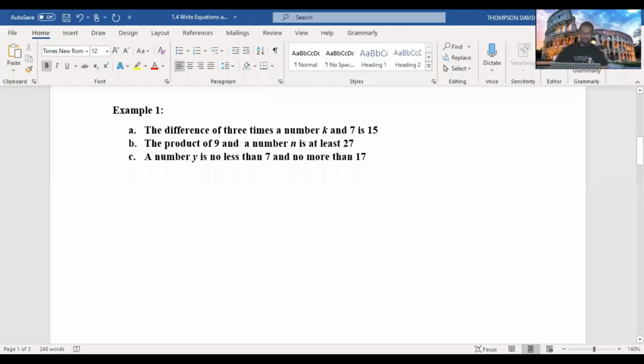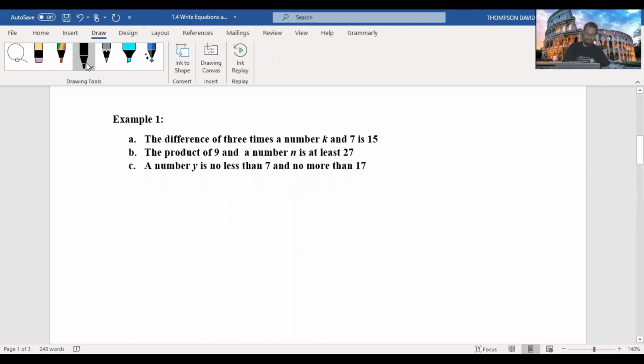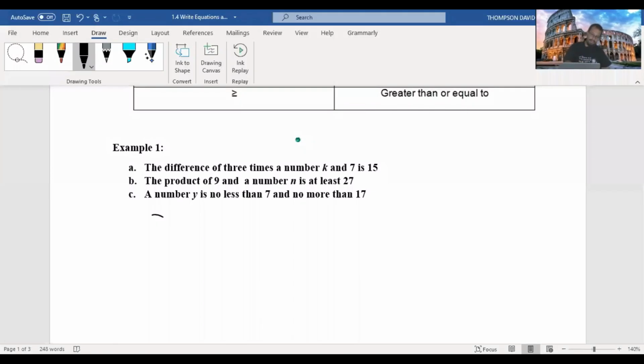Example 1. All we are doing is writing our inequalities, or equations rather. For part A, we are writing the difference of 3 times the number k and 7 is 15.